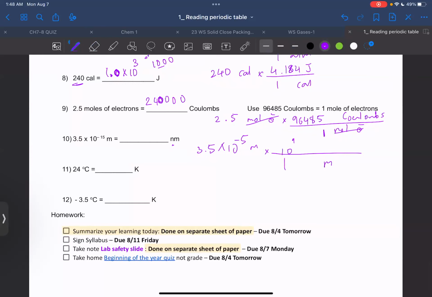So it's either 10 to the 9, or you can say 1, 2, 3, 4, 5, 6, 7, 8, 9 nanometer. Okay. For this one, it is very, very crucial that you are typing it correctly into your calculator. By the way, I didn't write it correctly. That should be negative 15. See, I already did not write it correctly. So make sure you're writing them correctly. Otherwise, it gets slightly tricky.